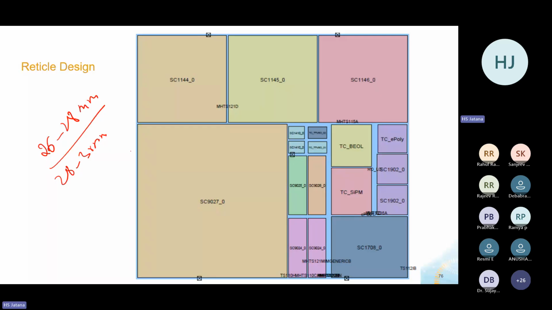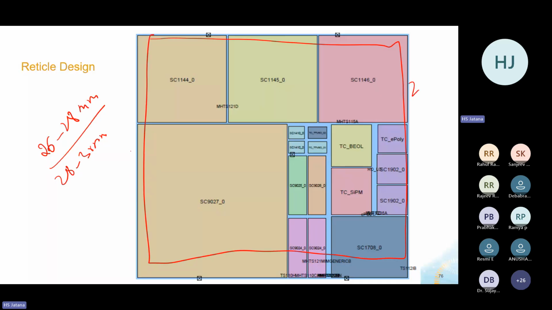So that forms one reticle. So this is one reticle. So this area is, say, 26 by 28 mm. Now you can put either one design in this, or you can put as many designs as you like.